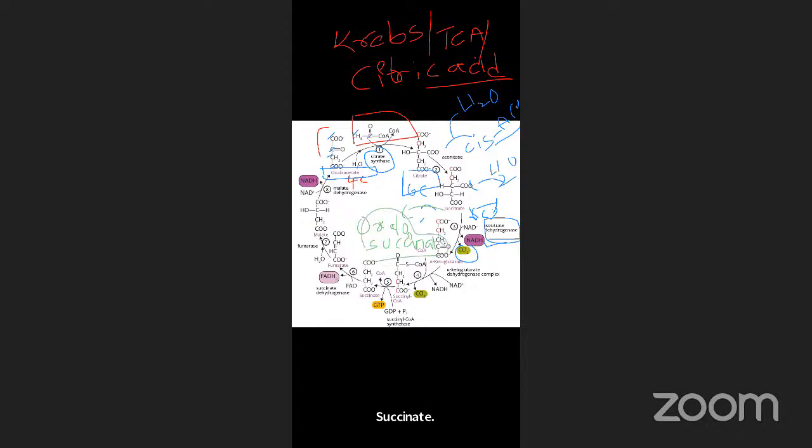From the oxalosuccinate, one carbon molecule is lost. That is called decarboxylation, right? After decarboxylation, alpha ketoglutarate acid forms.